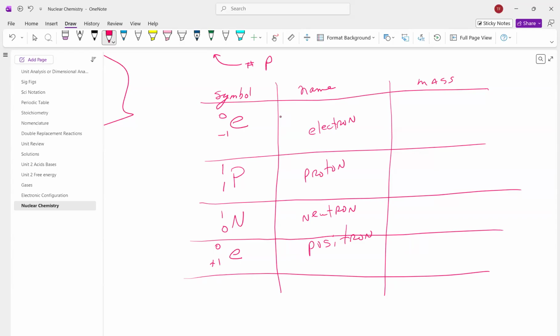Now, as far as mass goes, I'm going to say electron has 0 mass. But it doesn't. It's 1/30,000th of a proton. That's why they call it 0. The problem with saying it's 0, though, is we have another particle called gamma.